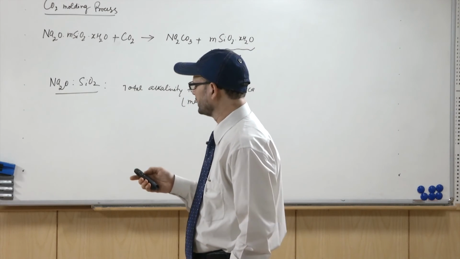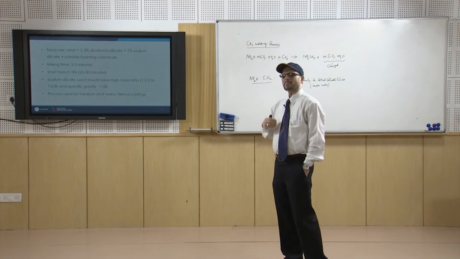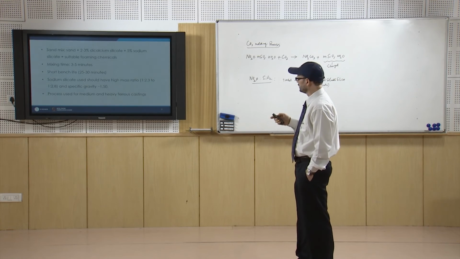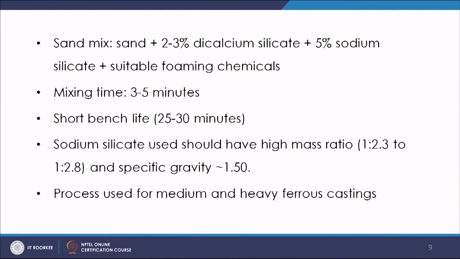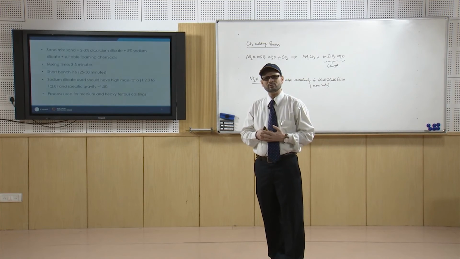So, the process is like this: you have a sand mix which is nothing but sand plus 2 to 3% of dicalcium silicate powder by weight of the sand, plus 5% by weight of sand of sodium silicate, plus suitable foaming chemicals. You mix for 3 minutes and it works as a moving slurry, like a fluid.